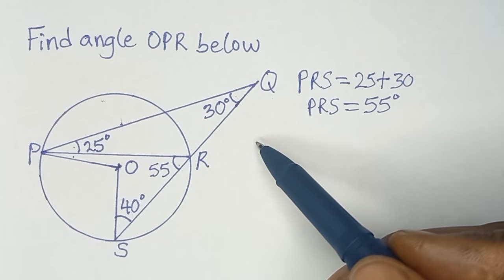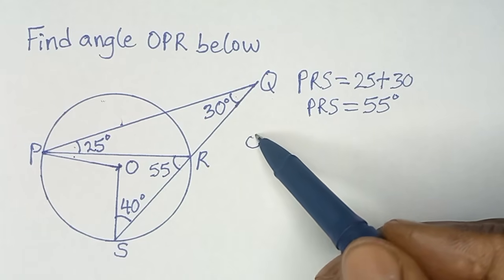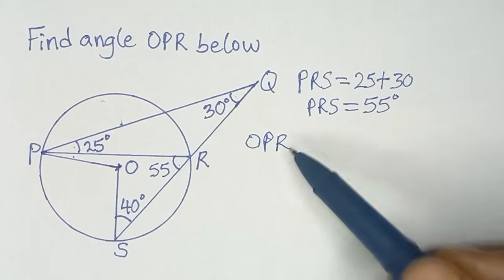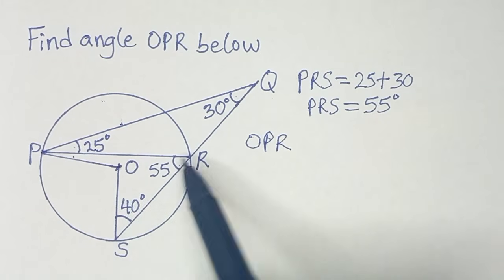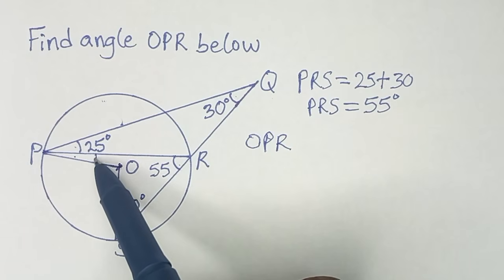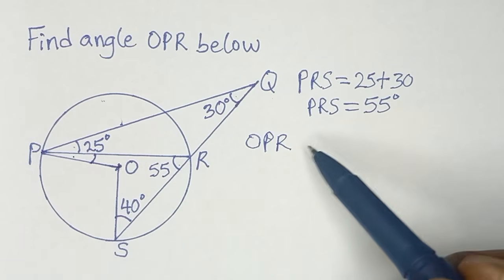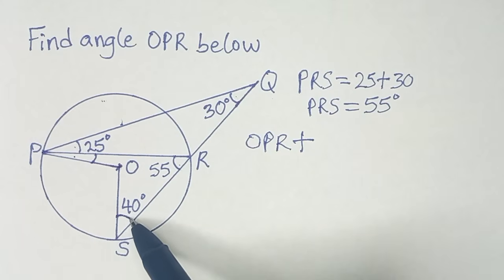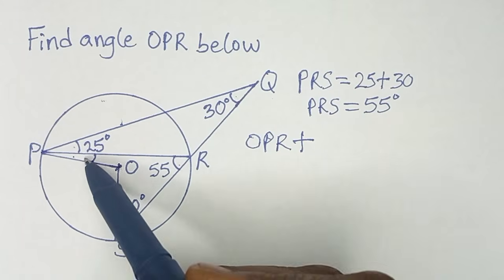So the short method, if you have not been watching my video, let me give you the short method now. The short method is that angle OPR, that is OPR that we are looking for, that is this angle here, plus this other angle that is here now. So that is the sum of these two angles.